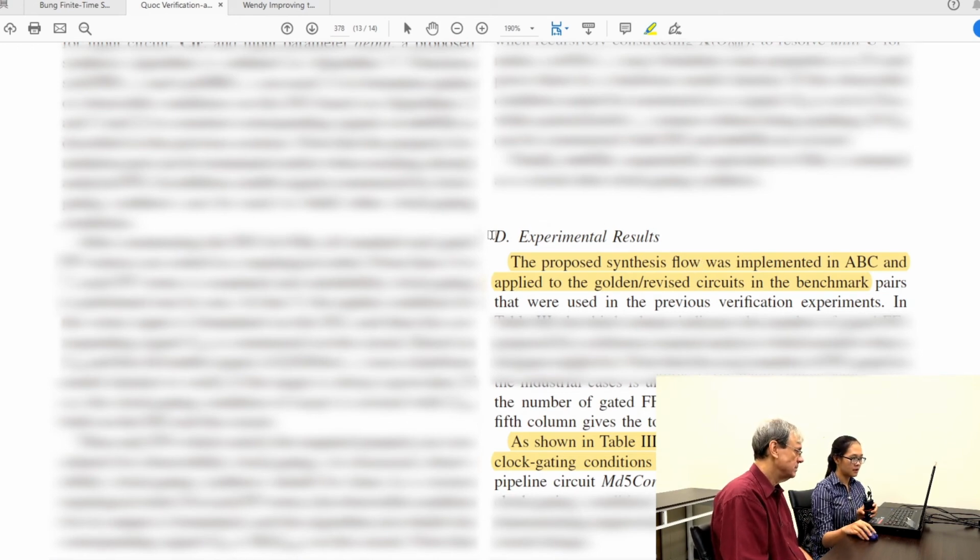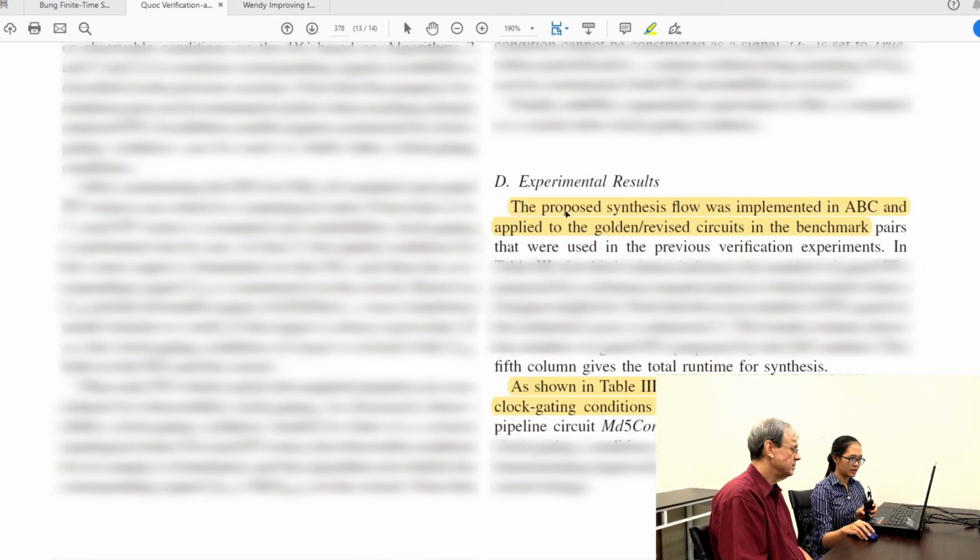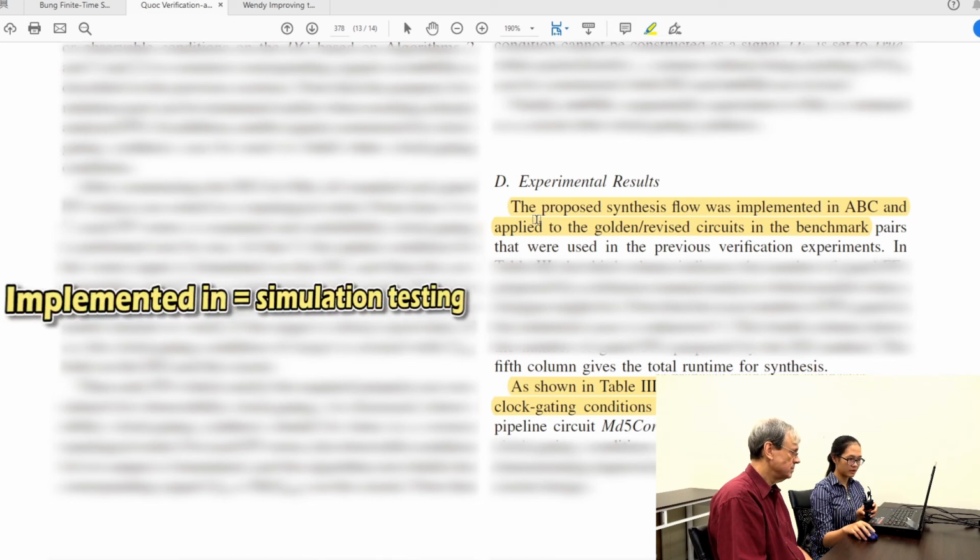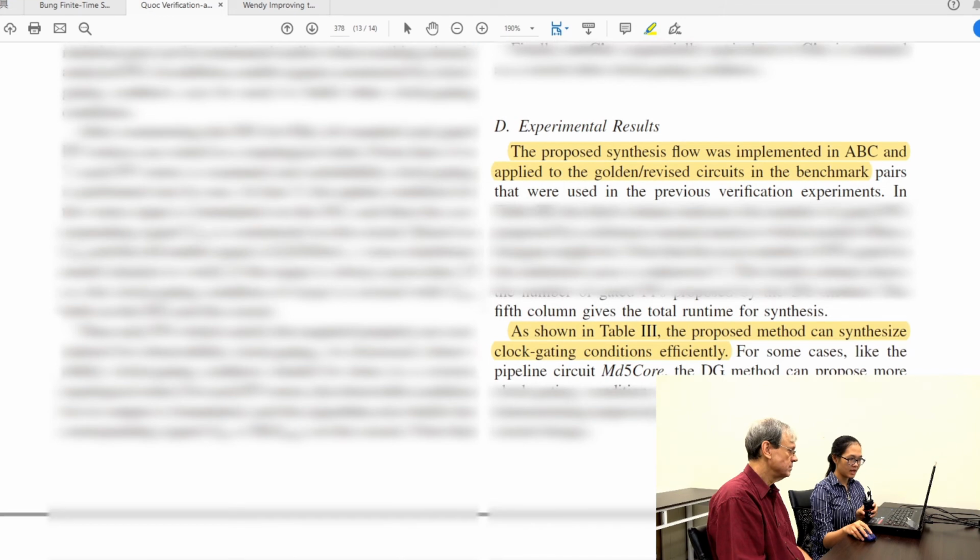Another experiment result in this paper is in subsection 6D, also called experimental result, and they also mention the testing methods component. They propose the synthesis flow element in APC, and here they talk about the comparison and also the data pattern as shown in Table 3.